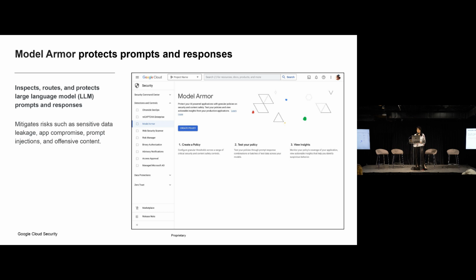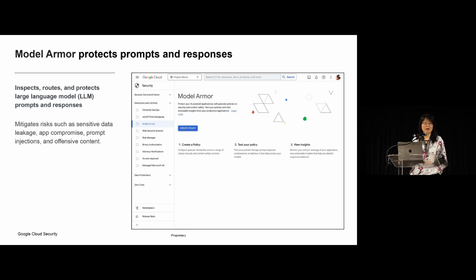With Model Armor in Google, you can pick and choose the policies you want to select, for example toxicity, or what information you really care about. Once you configure it, through Model Armor we will check against the prompt and the output. It makes sure your application won't show sensitive data or anything inappropriate.